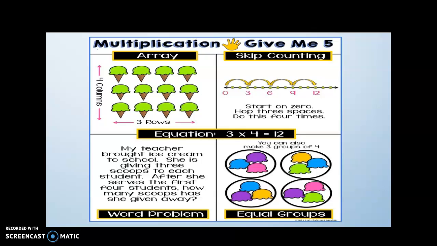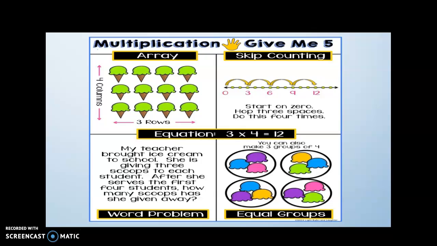So we see no numbers in this word problem, correct? But we know we are working on multiplication problems. So if I, your teacher, bring ice cream to school and I give you all 3 scoops each, and I've given out 3 scoops to 4 people, how many scoops have I given out so far?